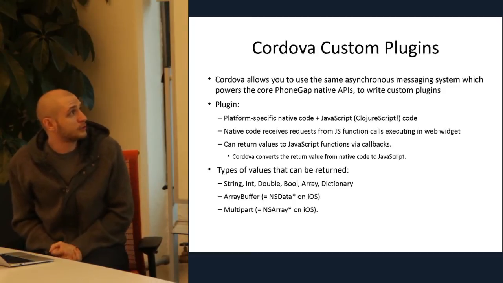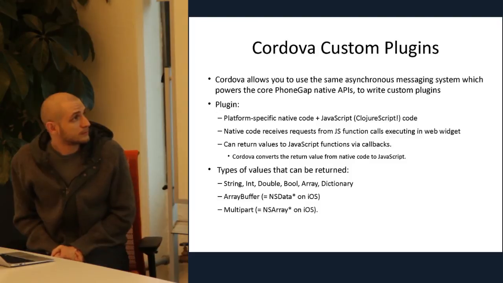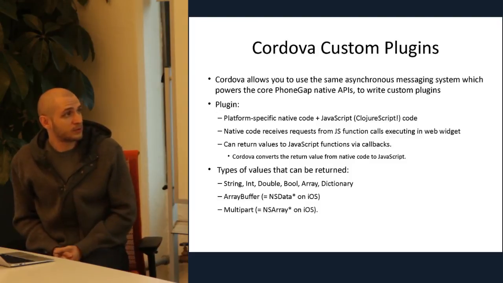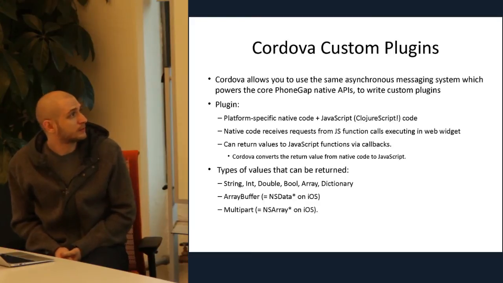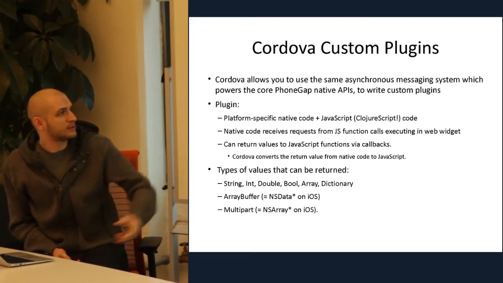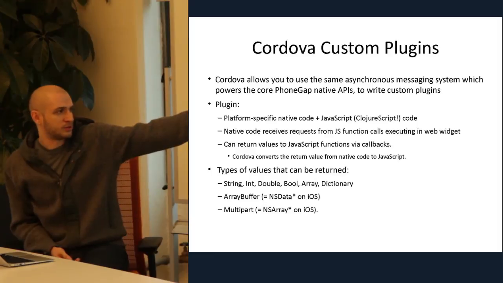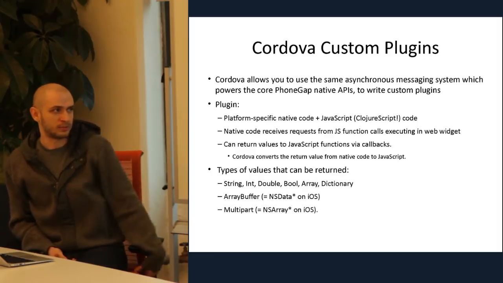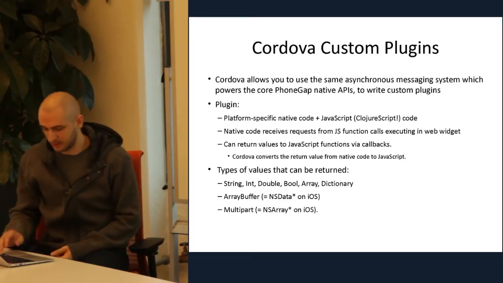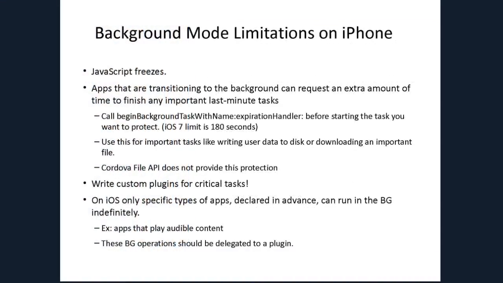So Cordova lets you get values back from Objective-C functions in your JavaScript callbacks. And these are the different value types that you can get. And Cordova handles the conversion between JavaScript and the native data type. There are also limitations: when you go into background mode, JavaScript freezes.